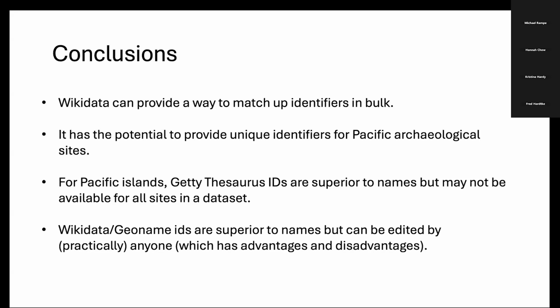For Pacific Islands, the Getty Thesaurus IDs are superior to names, but they're not available for all sites in a data set, even for sites that I have that were obviously inhabited at one time because they have evidence of pottery. And again, the Wikidata IDs are superior to names, but they can be edited by anyone, and I think you have to keep that in mind.